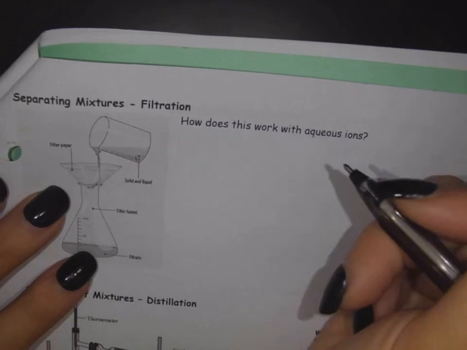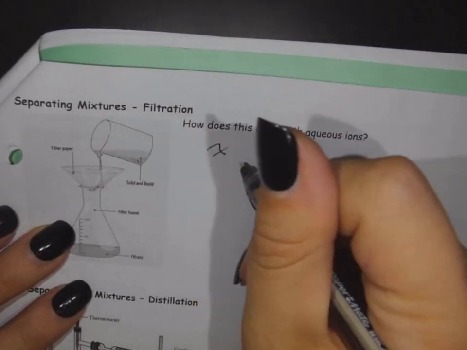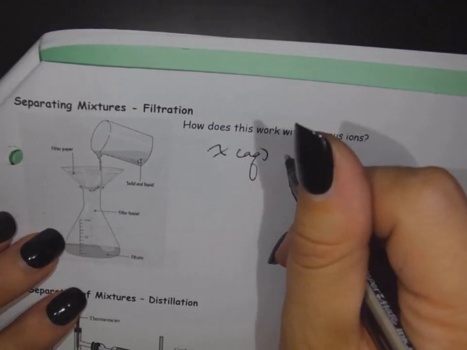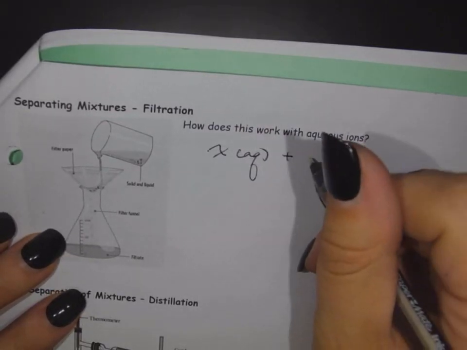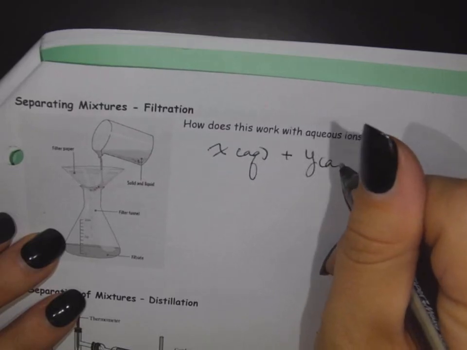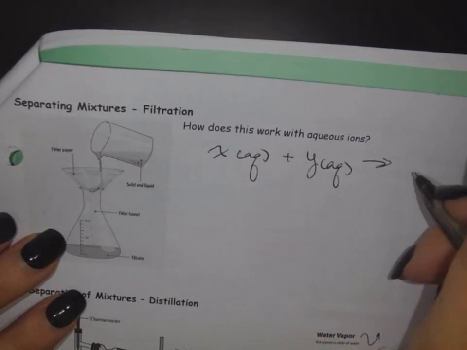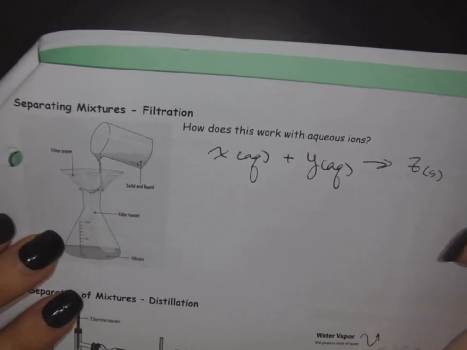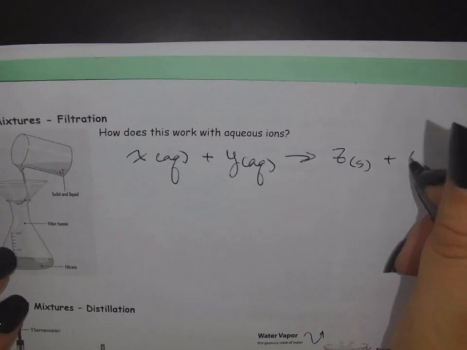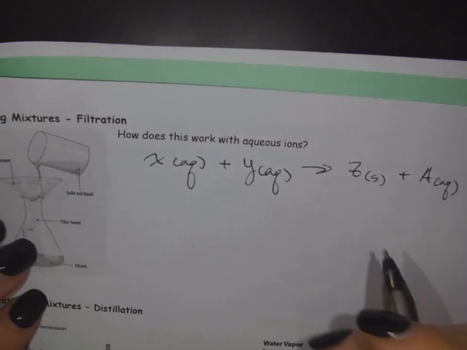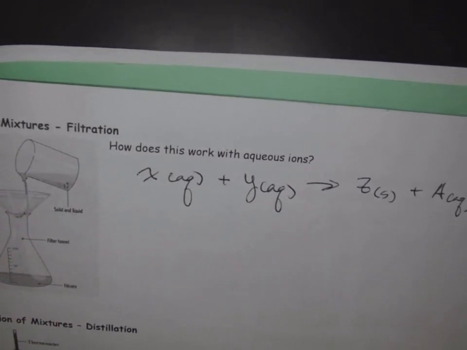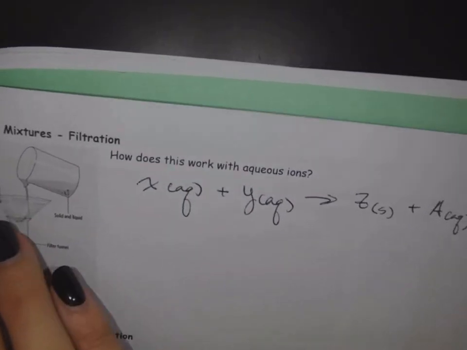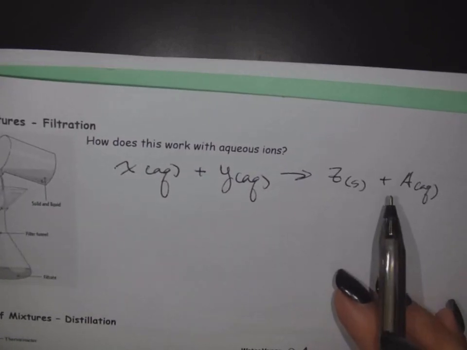So if I have some kind of aqueous thing and I combine it with some other aqueous thing, and it produces some kind of solid, with possibly more liquid left over, then filtration is a great way of separating these.